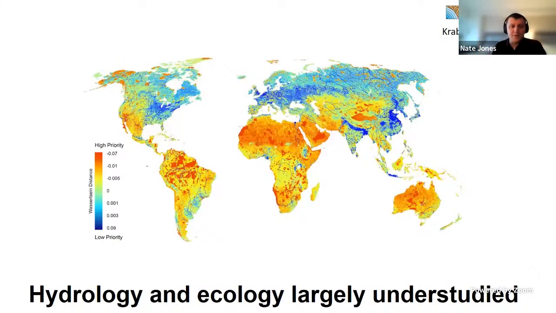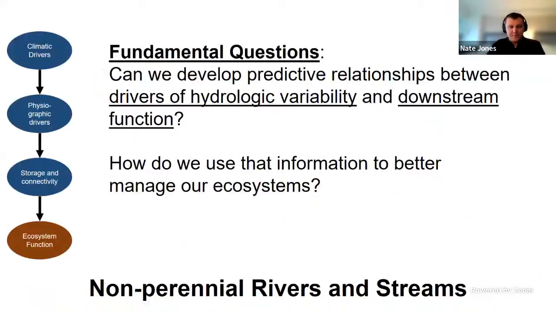And again, these are largely understudied. This is Corey Krabenhoff. Actually, this paper was just published last week, but we looked at the biases in gauges across the globe, and there's definitely locations where we have an abundance of these non-perennial streams, and there's hardly any gauges on these systems.